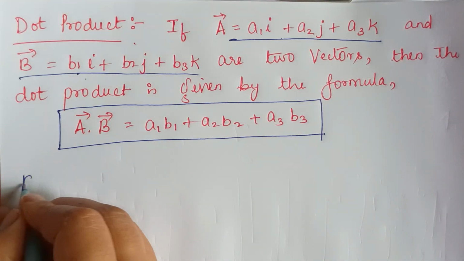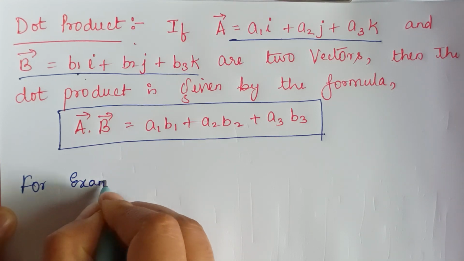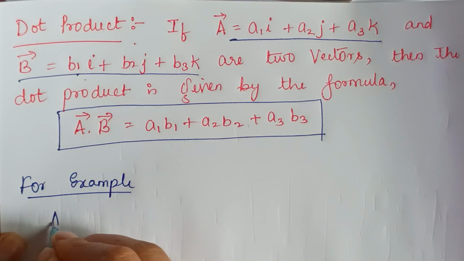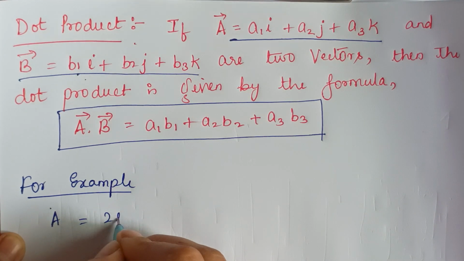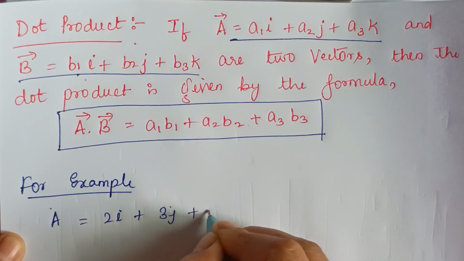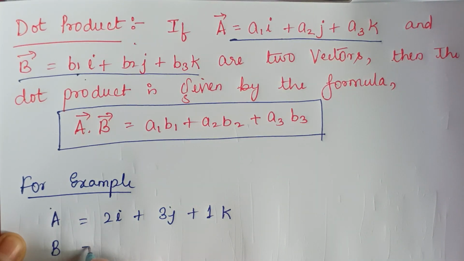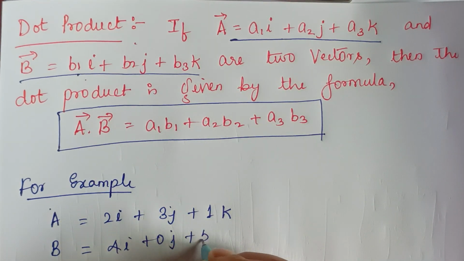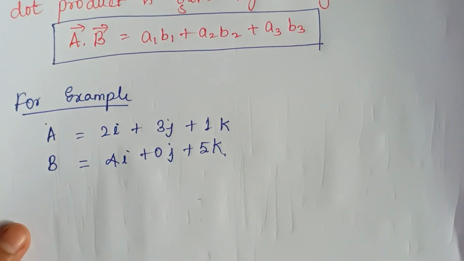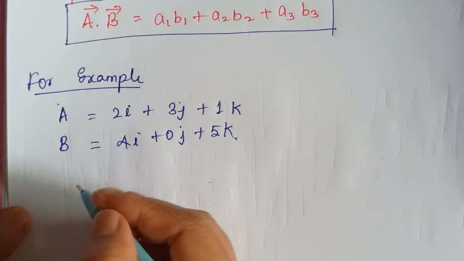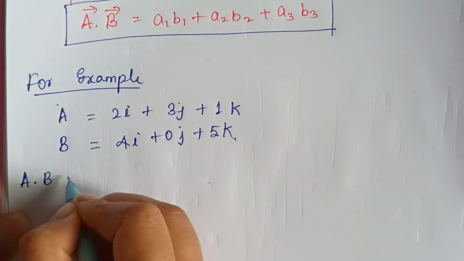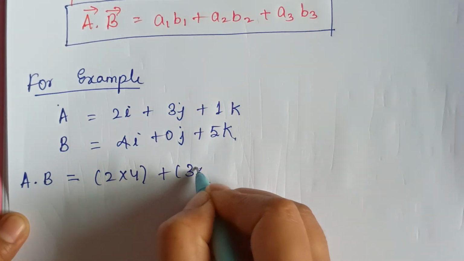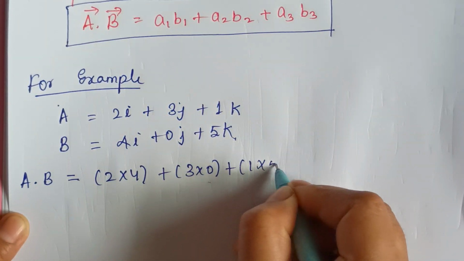For example, let me consider a vector A equal to 2i plus 3j plus 1k, and vector B equal to 4i plus 0j plus 5k. Then A dot B is going to give me 2 into 4 plus 3 into 0 plus 1 into 5.